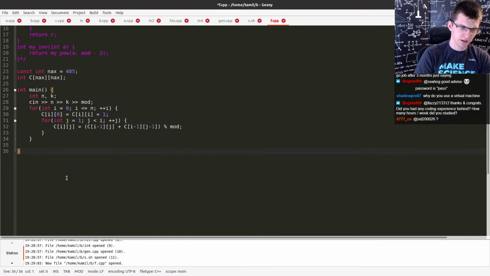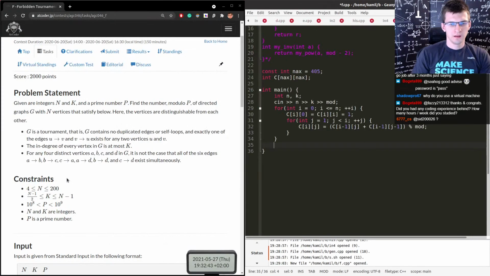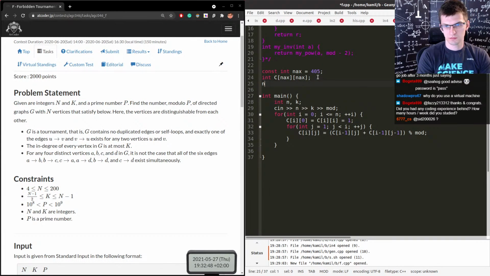Binomial coefficients done. Still need factorials.